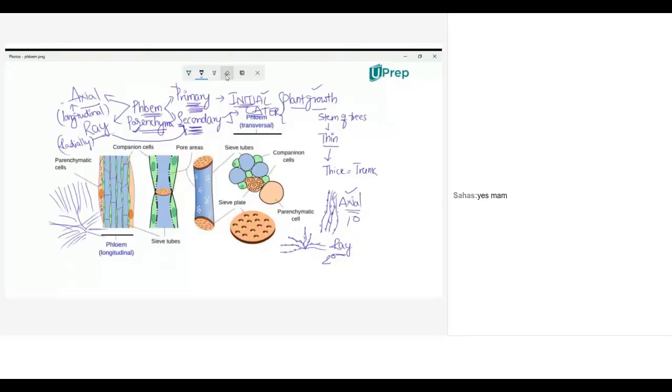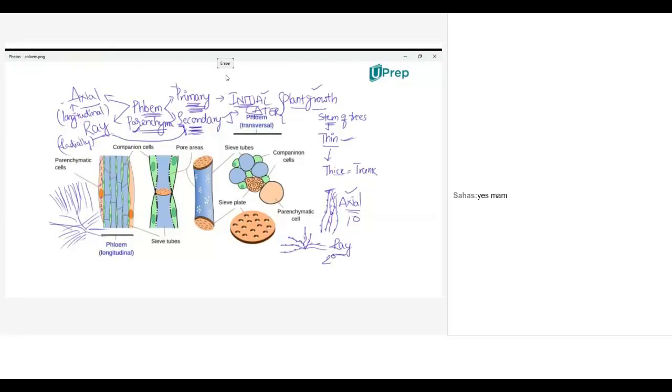As the plant grows, one direction of translocation may not be sufficient. Here I told what is meant by the primary and secondary small difference. When the stem is at the initial primary stage, it will be thin, so one direction of translocation of food is sufficient.